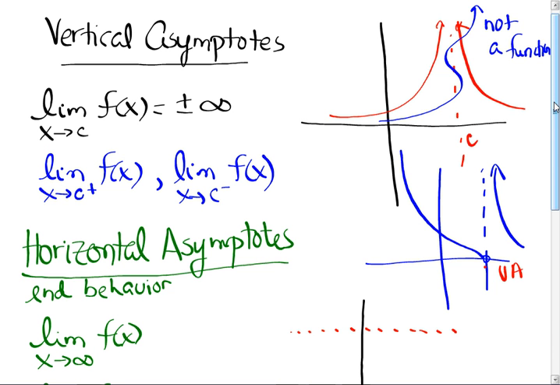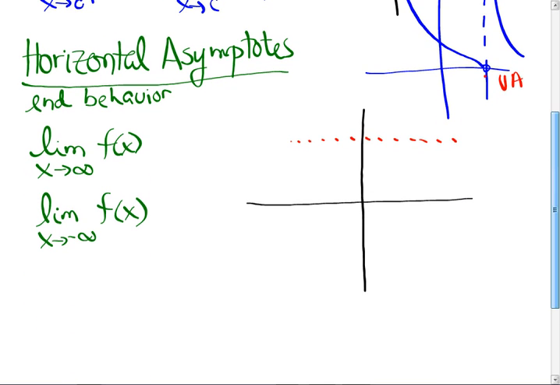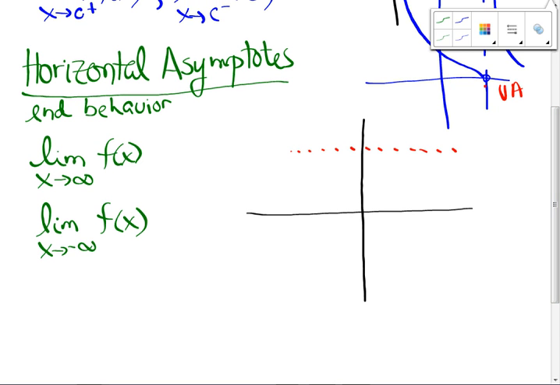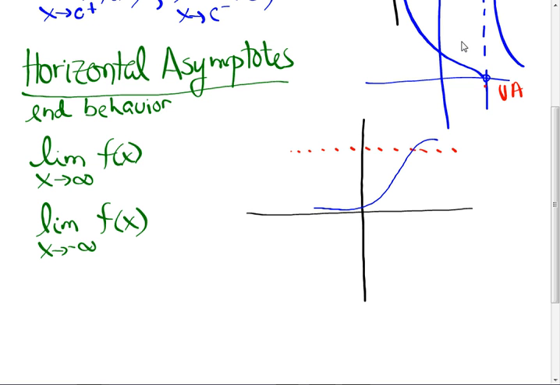Can you cross a horizontal one? Yes, I can. The reason you can't cross a vertical asymptote is you don't have a function then. That's the only reason.